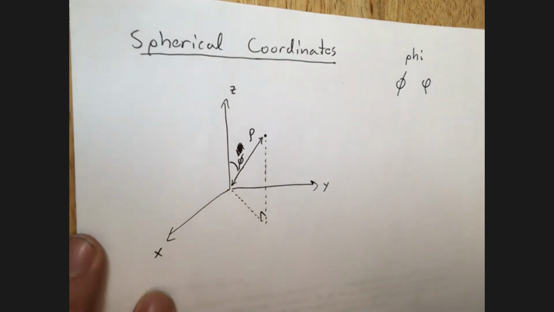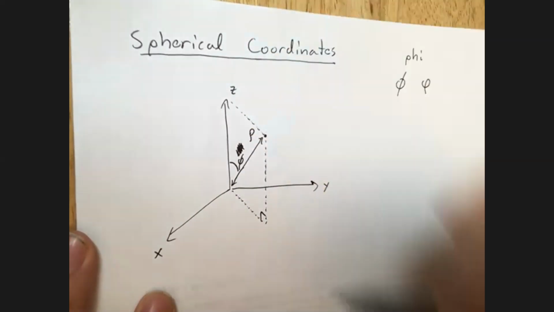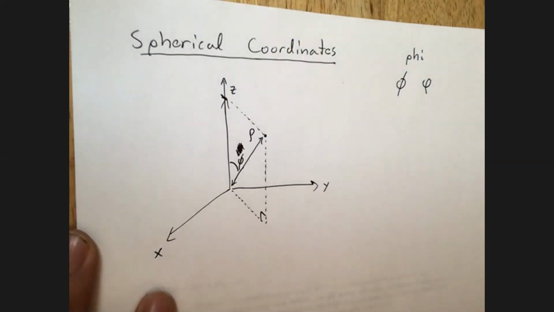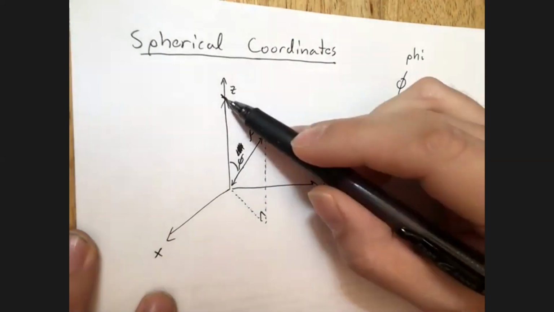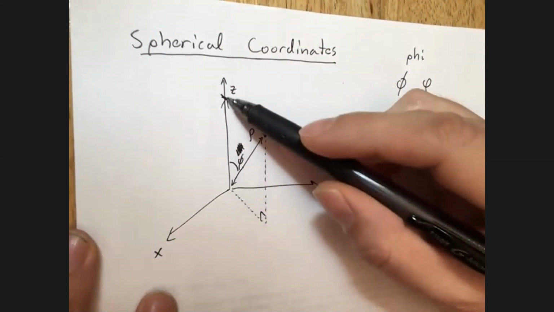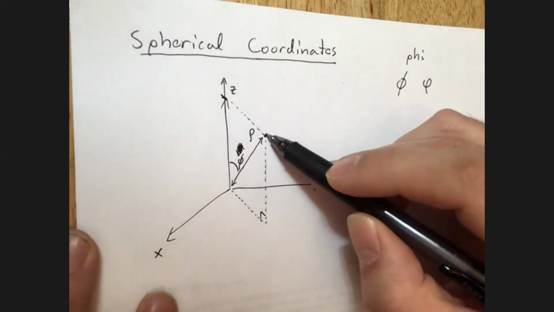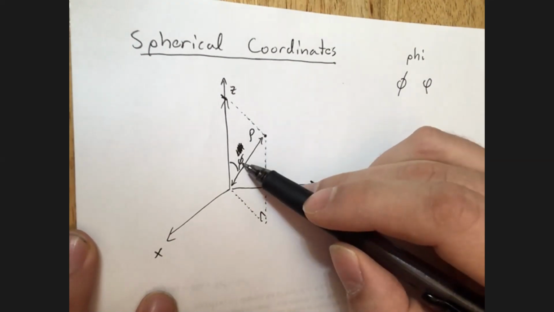So I think I can actually see just from that how to get z. I can see the relationship between z and these coordinates, okay? Because if I project in this direction to the z-axis, I will get my z coordinate, right? And just by using a little bit of trig, we know that this distance, the adjacent side to this right triangle, is the hypotenuse, which in this case is rho, times the cosine of this angle, phi.